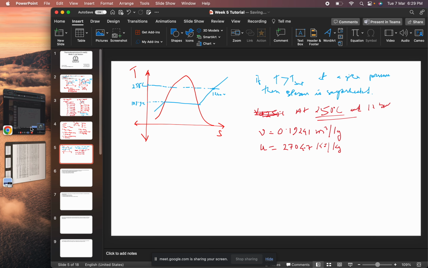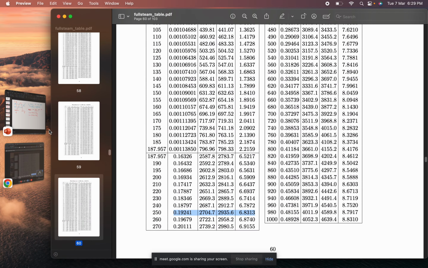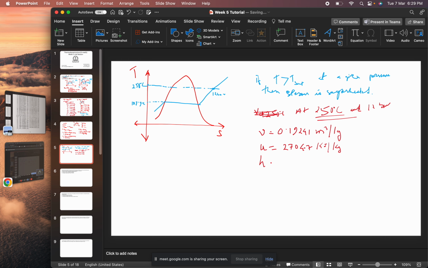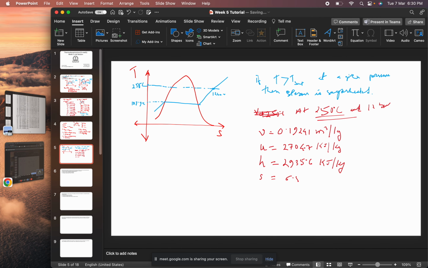Then your enthalpy is 2935.6 kilojoule per kg, and your entropy is 6.8313 kilojoule per kg Kelvin. Now this is by using the steam table.